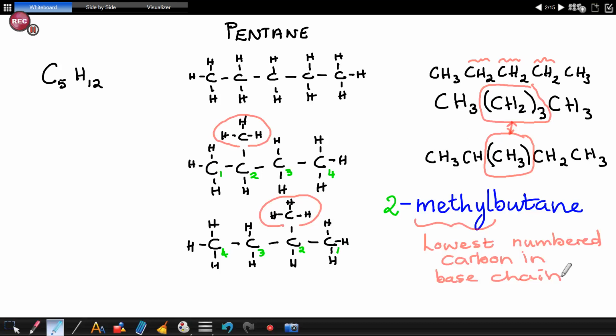The base chain is the longest chain in the molecule. And our base chain here has 4 carbons.